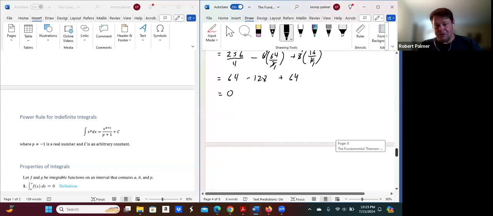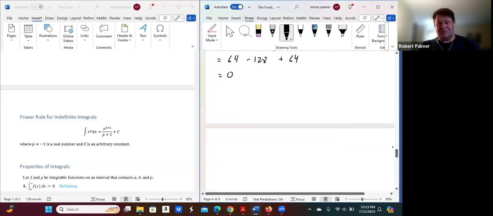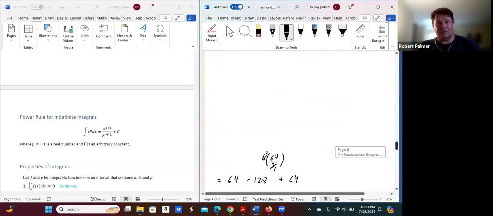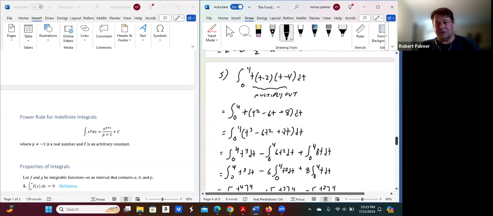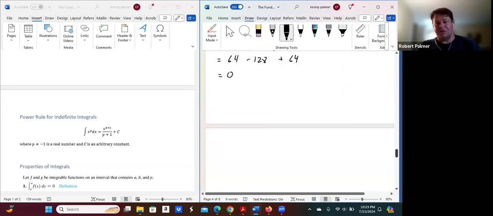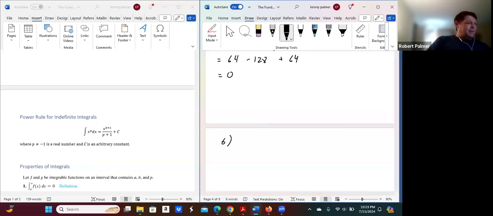Okay, let's do 1 or 2 more. And I think this will be number 6. I think hopefully everyone's getting the idea of how this works. All right, let's do one more, you might have to think about it just a bit.